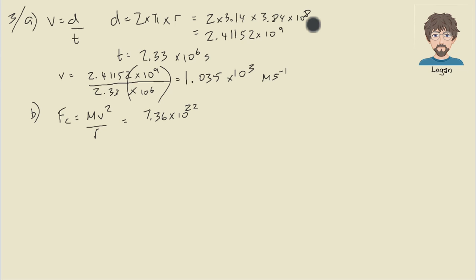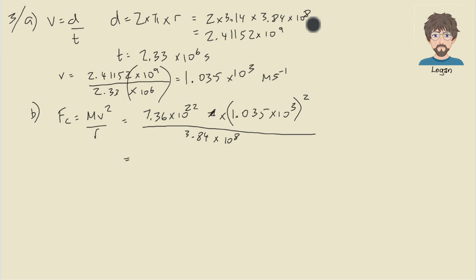Times the velocity, 1.035 times 10 to the 3. Now remember, I've got to put the squared in the right place here. Squared, all divided by the radius, which we used up here, 3.84 times 10 to the 8.